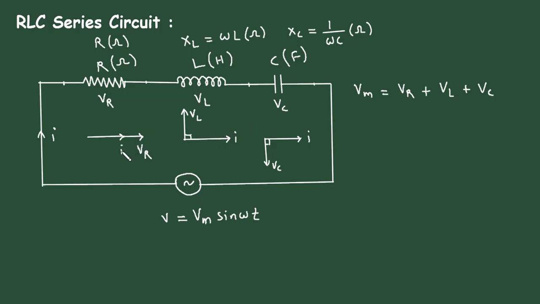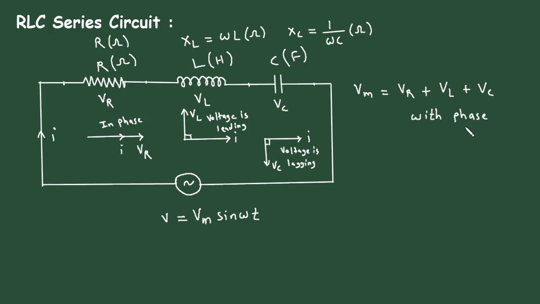Here voltage and current are in phase. Here the voltage is leading. Here the voltage is lagging. So we cannot add them algebraically. We have to add them with phase.